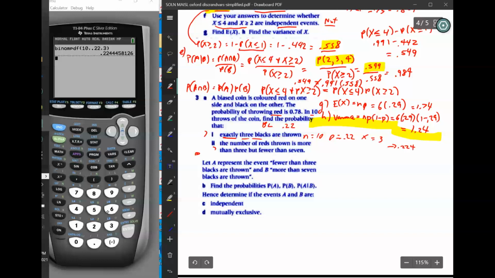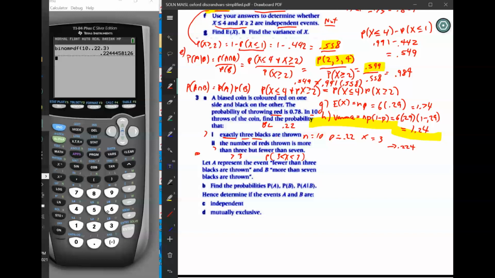Okay. And then we want to find the probability that the number of reds thrown is more than 3 but fewer than 7. So that x is between 3 and 7. And in this case, we're talking about reds. So what's the probability that the reds are between 3 and 7, not including 3 and 7? To do that, the calculator can't do between two numbers.